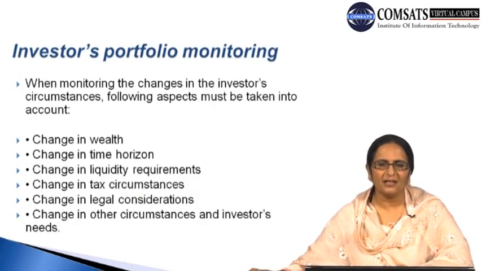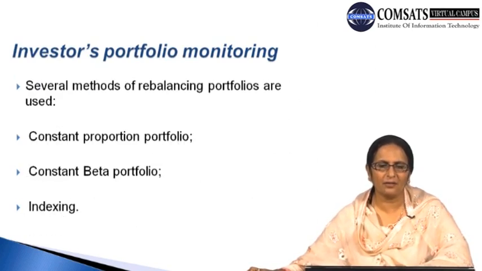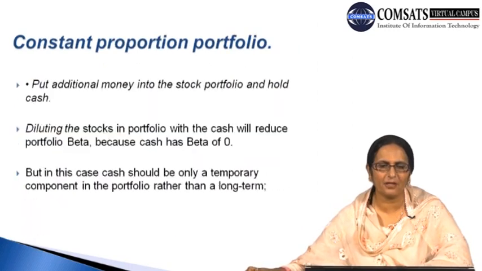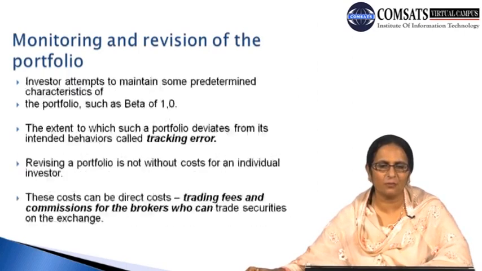When monitoring the changes in investor circumstances, we must take into account the changes in wealth, time horizon, liquidity requirement, taxes, changes in legal environment and other needs of the individual in order to revise and rebalance the portfolio. The methods of rebalancing the portfolio are constant proportion portfolio, constant beta portfolio, and indexing. These are three important methods with the help of which an individual can decide to readjust his portfolio.